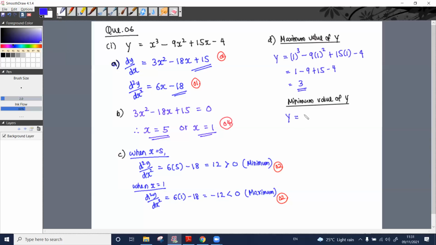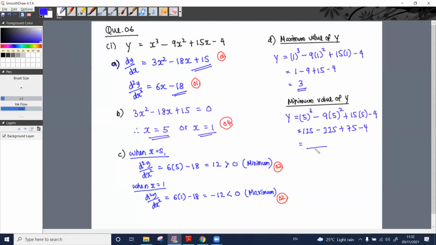So instead of x, we need to substitute 5. 5 to the power 3 minus 9 into 5 squared plus 15 into 5 minus 4. 125 minus 9 into 25, that means 225, plus 75 minus 4.